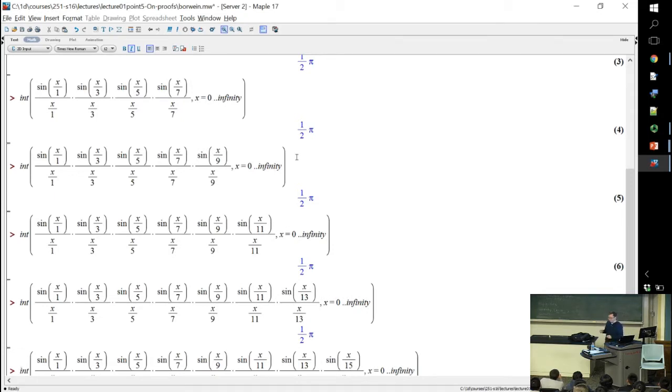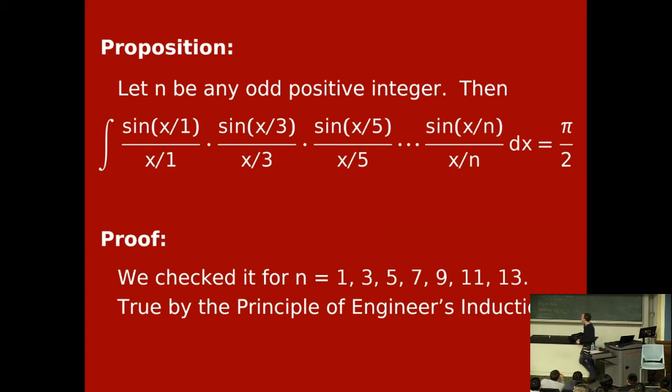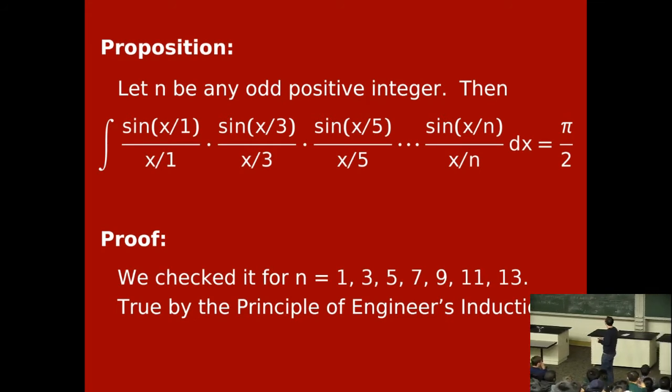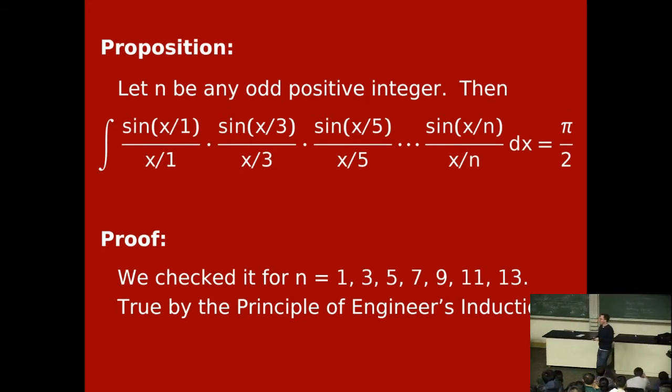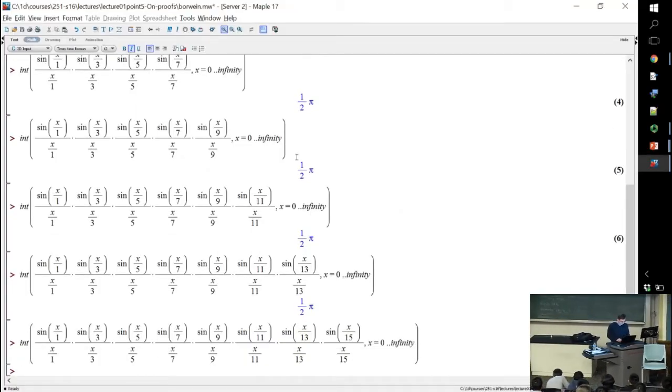So we're good, right? We checked it for 1, 3, 5, 7, 9, 11, 13. So basically, by induction, it should be true, right? You would be forgiven for conjecturing it. There was one line there still, though, that I didn't execute. Because if you execute this, you have to think about it.